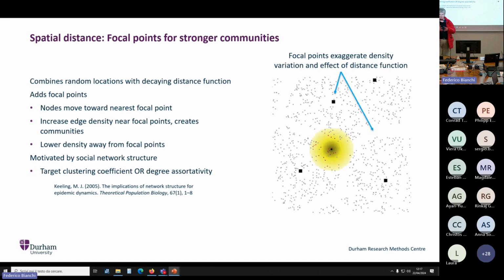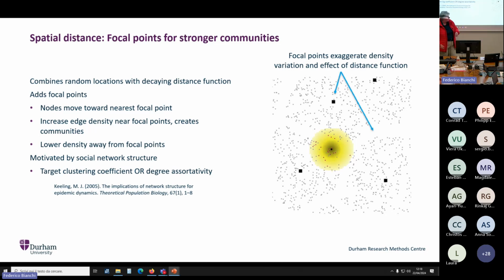Okay, so the next step is to put those two ideas together. So now you have random locations, so varying density of points, plus an interesting distance function. But what Keeling did was to add focal points. So you're not just relying on the fact that randomly distributing points leads to varying density of nodes.